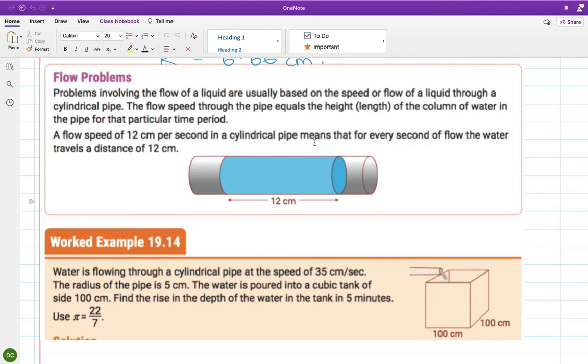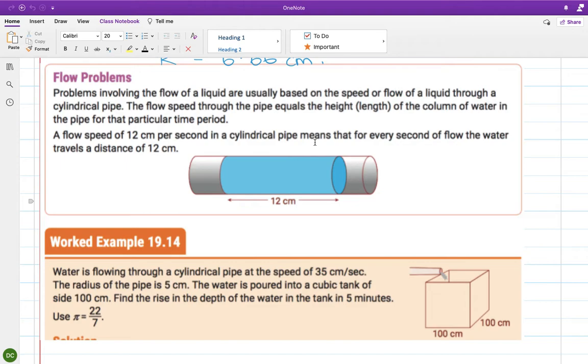But if you imagine that the pipe fills up to a height of 12 centimeters in a second, and then that water moves off and another 12 centimeters worth of water comes in the next second, and then that moves off and another 12 centimeters comes in.